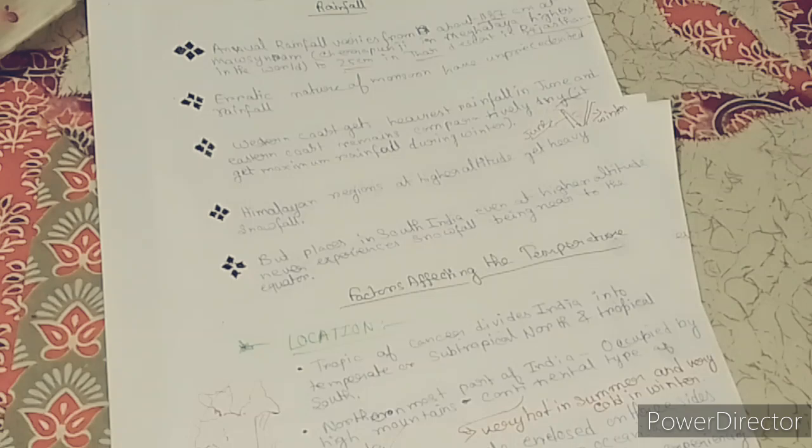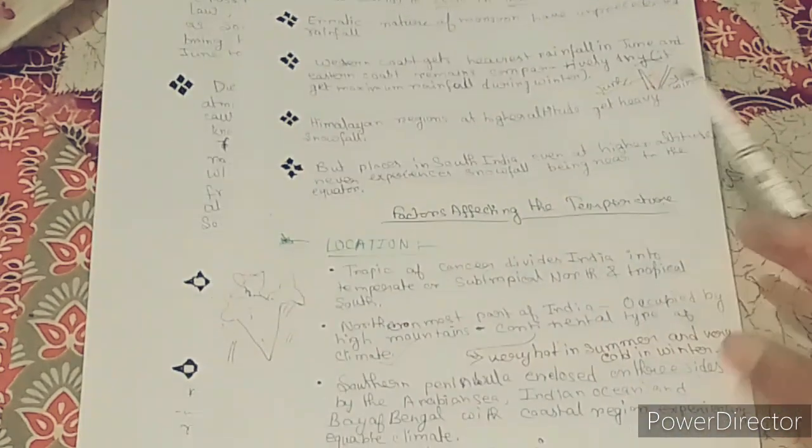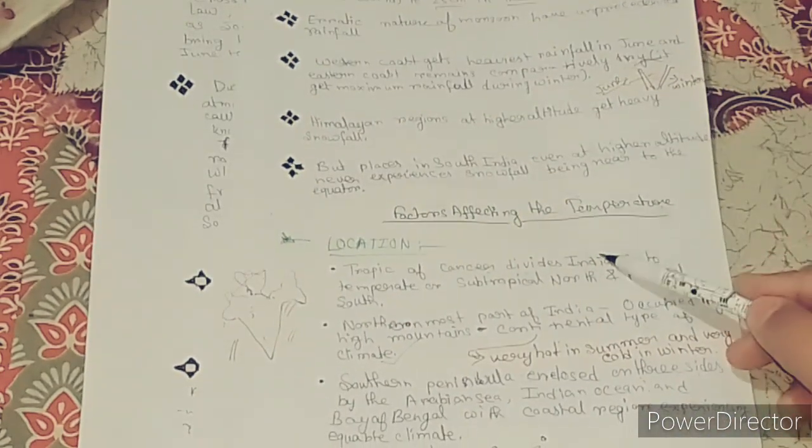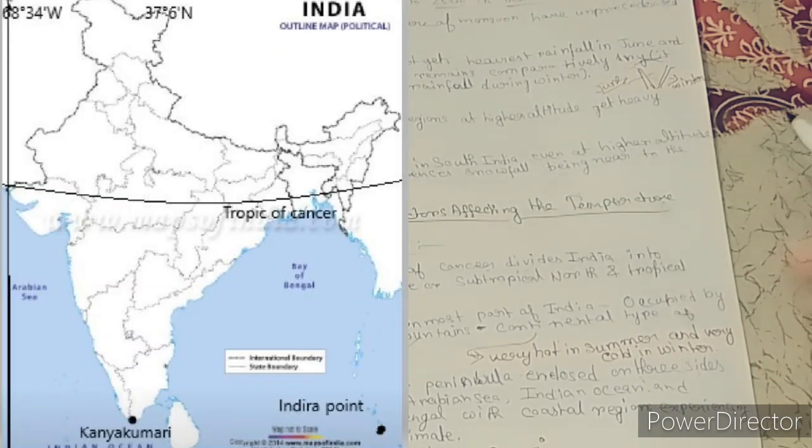Then we read about the annual rainfall of different places in India. We read about the factors affecting the temperature, like location. The Tropic of Cancer, as I said before, also affects the temperature.